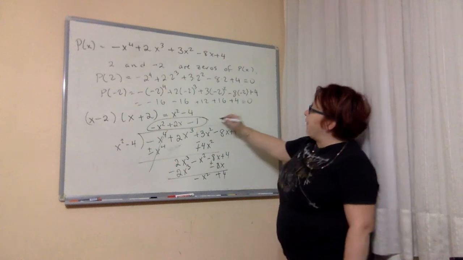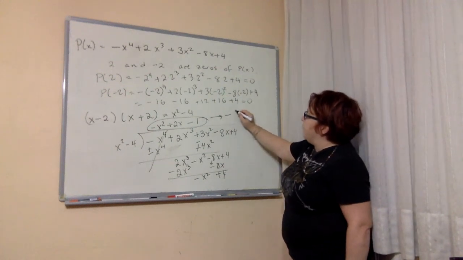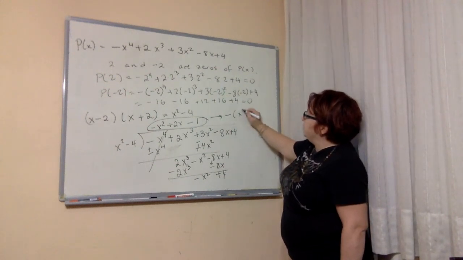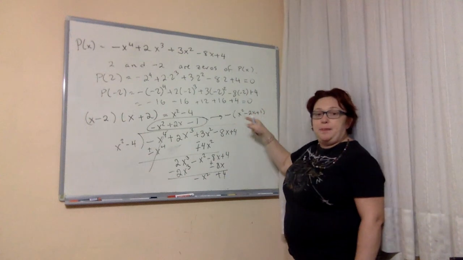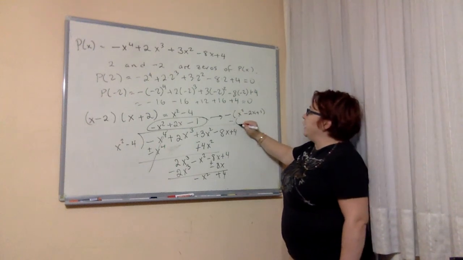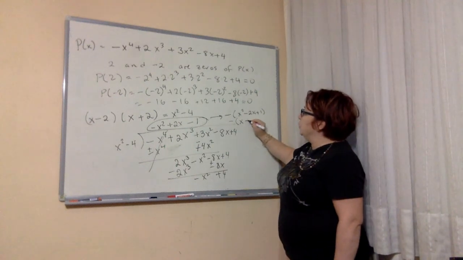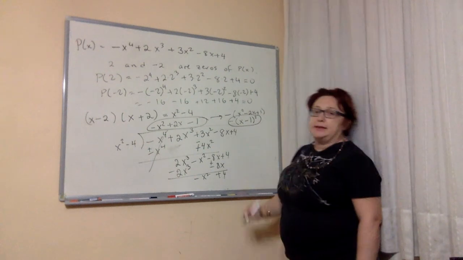And if we want to factor that, we actually factor it as minus x squared minus 2x plus 1. And that stuff in the parentheses is a perfect square trinomial. So really what we got is minus x minus 1 quantity squared.